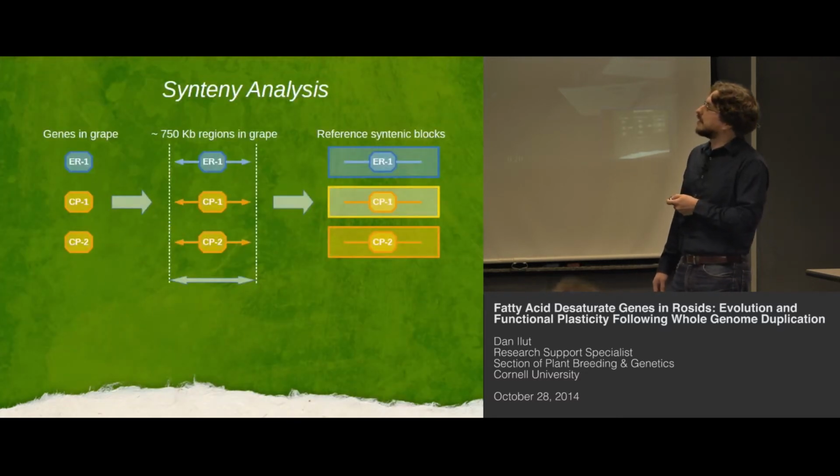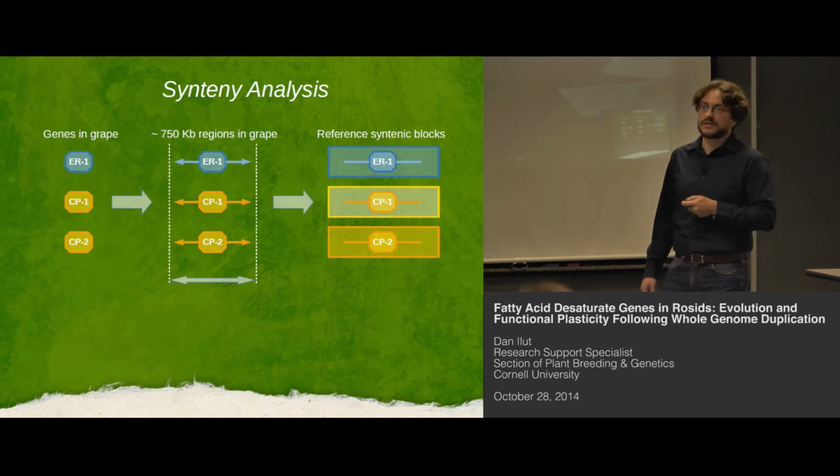So briefly, we identified the genes in grape, which is our outgroup for this sampling. We then extend out to a larger region in the genome sequence for each of those 3 genes. And we selected that genomic region of about 750 kilobases in grape as our reference syntenic blocks.